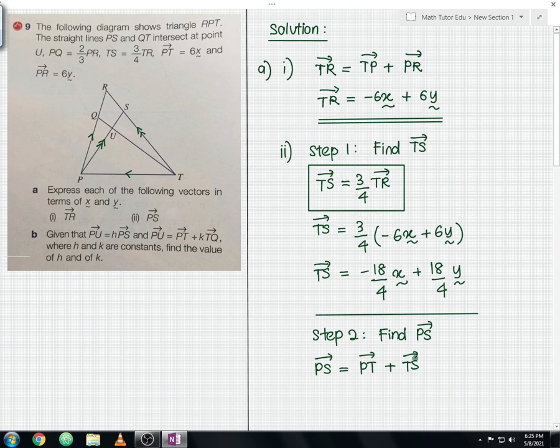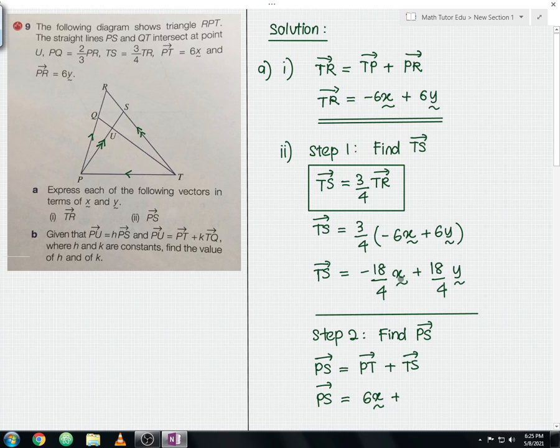So from here, vector PS will be equal to vector PT, which is already given in the question as 6x, and then plus vector TS.